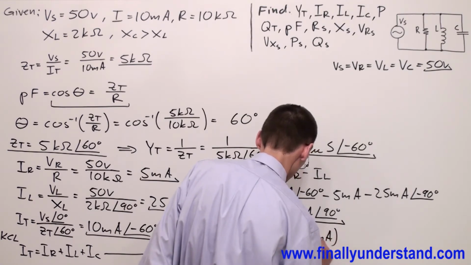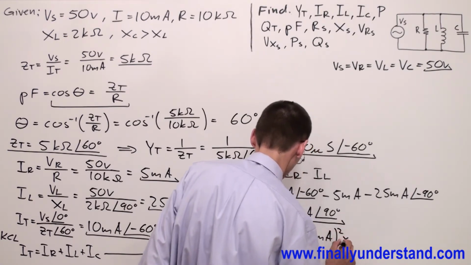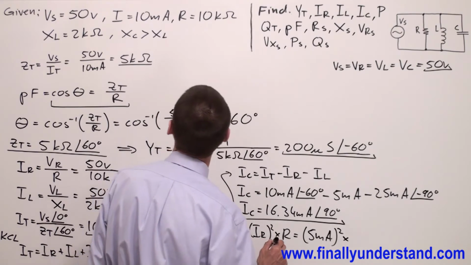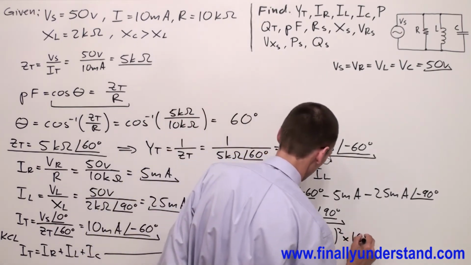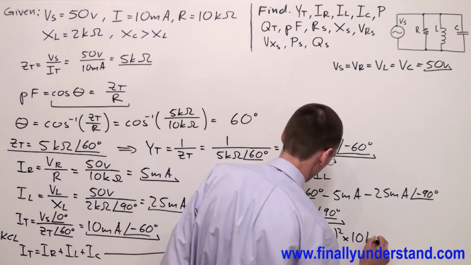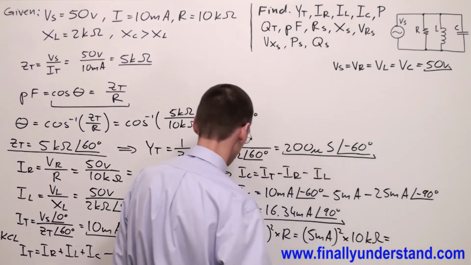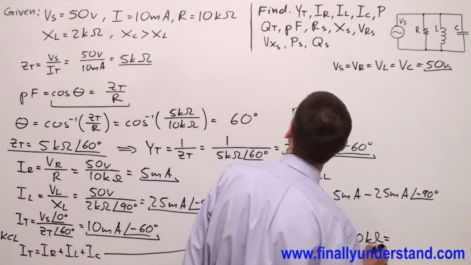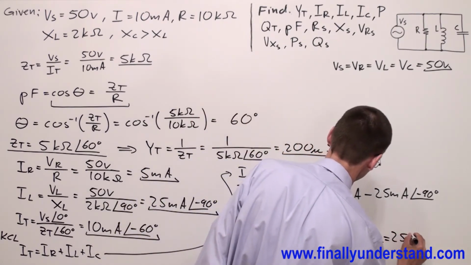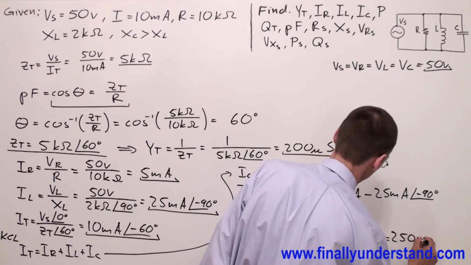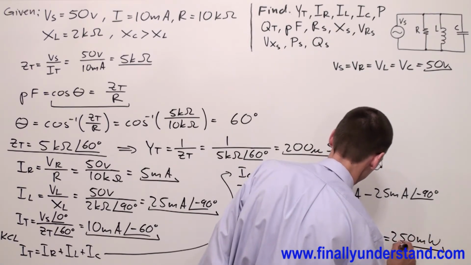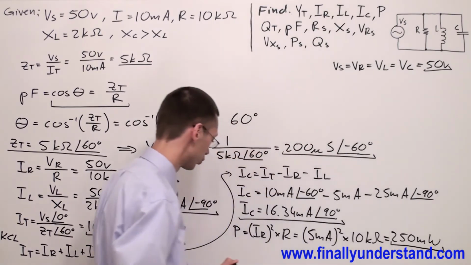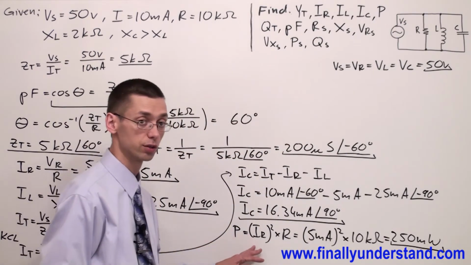We're supposed to raise this to the second power times resistance, which is equal 10 kilohms. Everything is equal 250 milliwatts. Okay, so this is the true power in the parallel circuit.